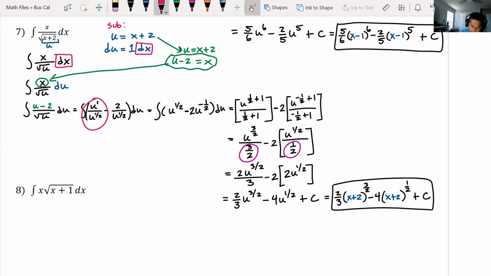Like this part? Yeah. So remember that it's subtraction. So u over u to the 1/2 means that it's u to the first minus 1/2. Oh, okay. And 1 minus 1/2 will give me u to the 1/2. Okay. Got it. Yeah, good.